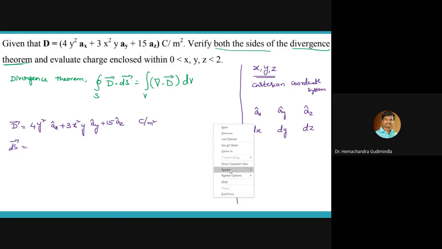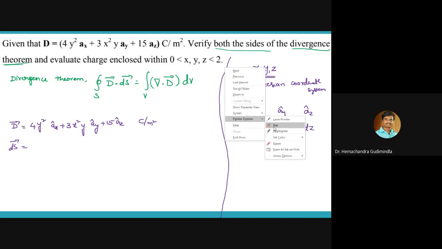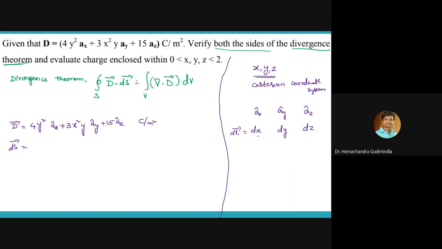Now, if I want to know the surface area, that is also very simple. Along ax, what are the remaining terms? dy dz.